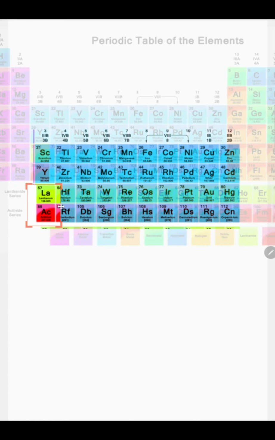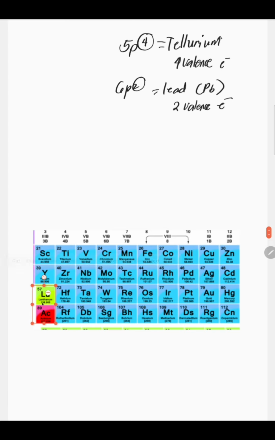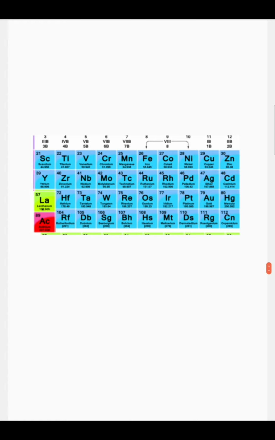Okay. So, let's have the D orbital. When it's D, there are 10. So don't wonder why the row of transition metals has 10, because this is 3D, 4D, 5D, and then 6D.